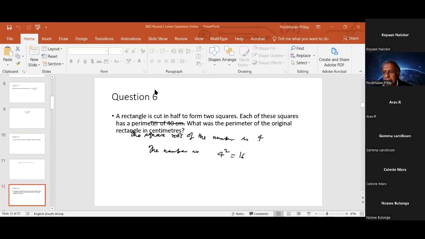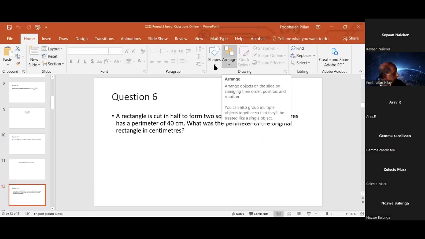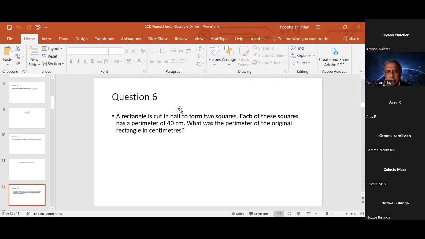So we move on to question 6. So question 6 says, a rectangle is cut in half to form 2 squares.